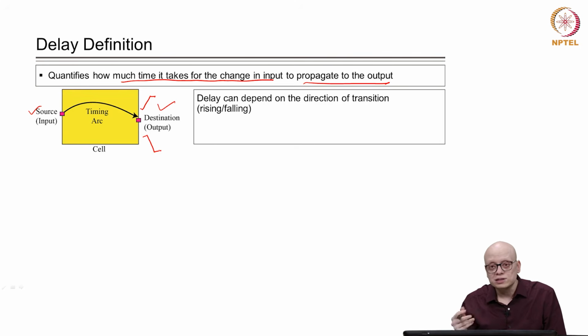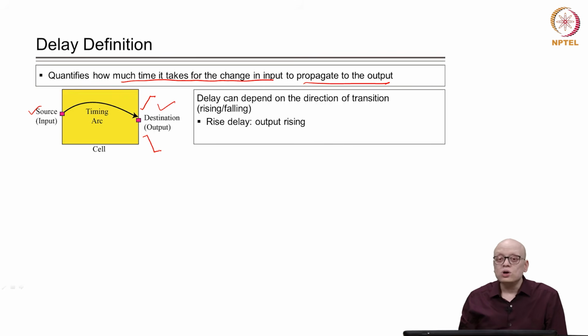For the rise transition or the fall transition, the delay can be different, and therefore we define two types of delays. One is the rise delay, which refers to the delay observed when the output is rising, right.